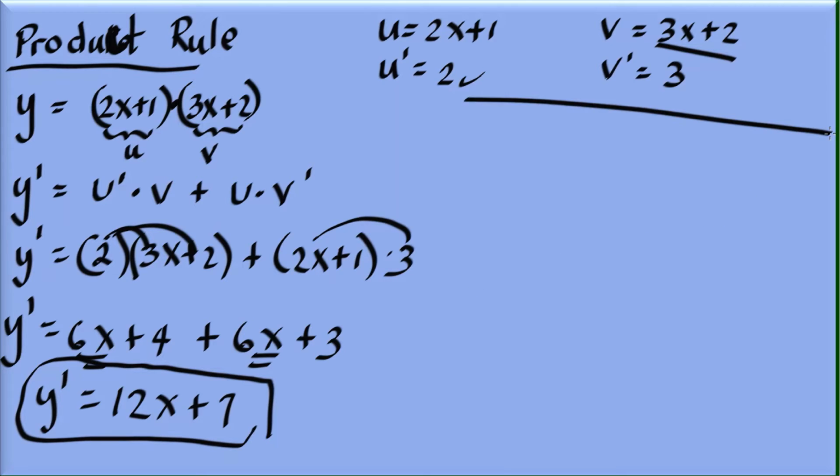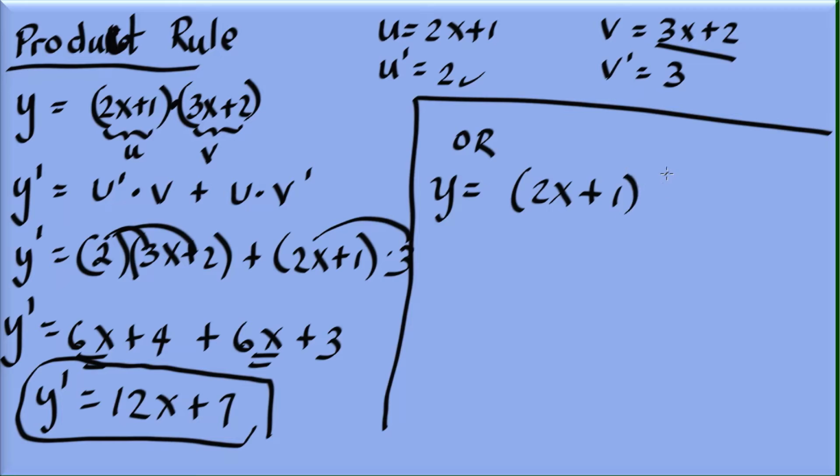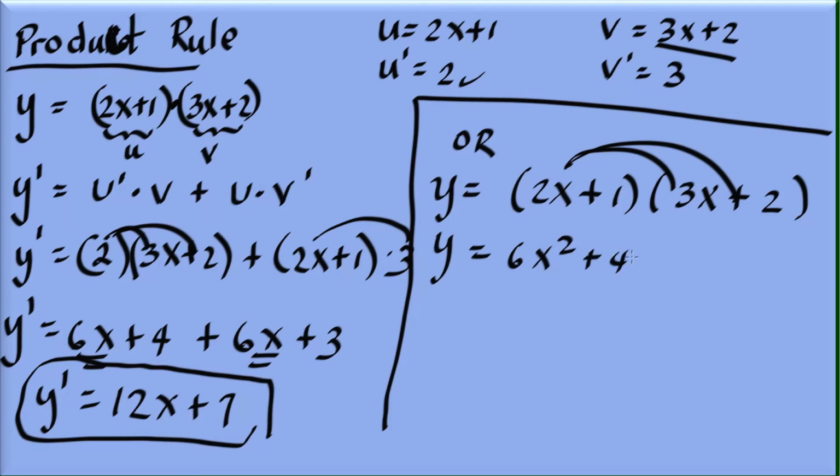Now at times you can rename the function, if it's not really complicated, by doing some algebra in the beginning. Like here, you can multiply out 2x plus 1 and 3x plus 2, which is 6x squared, 2x and 2 is 4x, and then 1 and 3x is 3x, 1 and 2 is 2. So sometimes when you do the renaming in the beginning, it's actually simpler.